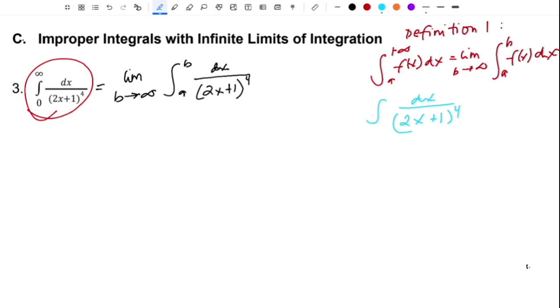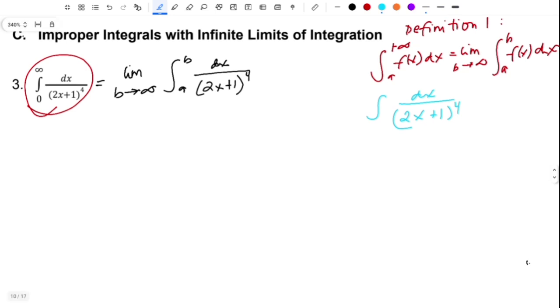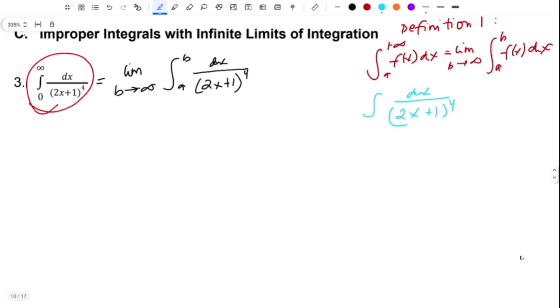For us to solve this, we can use u substitution. We let u be 2x plus 1, and our du is 2 dx.